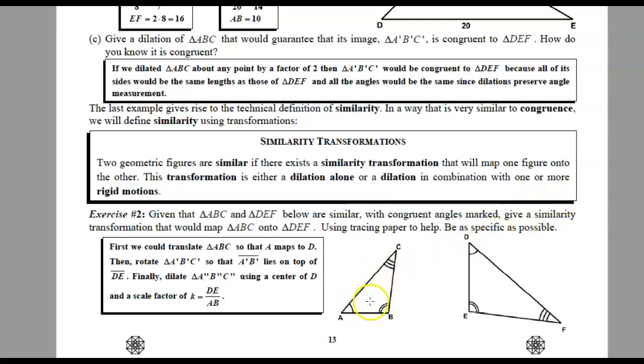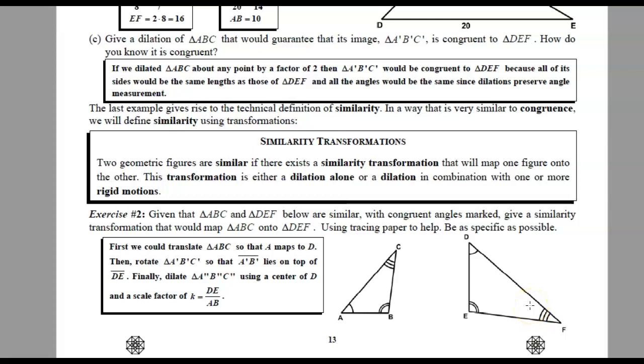So if I had this traced on tracing paper and I slid it along here, A would be matching point D. But it's not perfect yet. So the next thing I would want to do is rotate it so that segment AB lies on DE. And the reason I'd want to do that is so that B is matching up with E and C is matching up with F. And once that's done, I would just do a dilation.